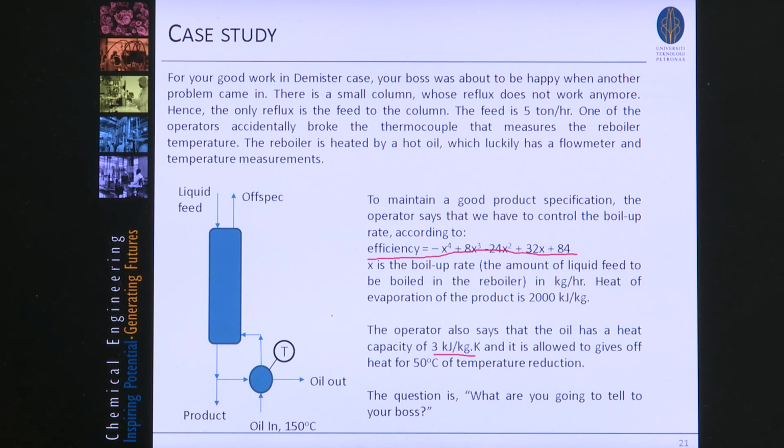It has a flow meter of the hot oil and temperature measurements of the hot oil. So the question is how much you have to boil the oil so that we can have our product at the highest efficiency possible.